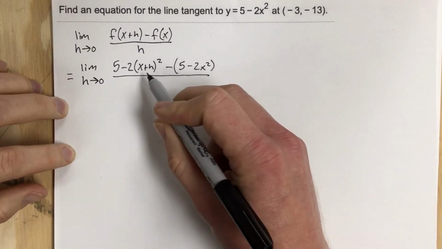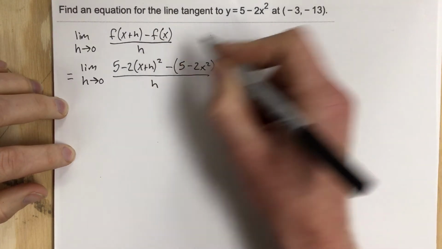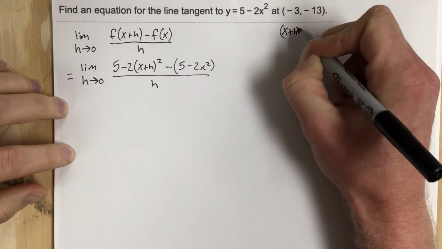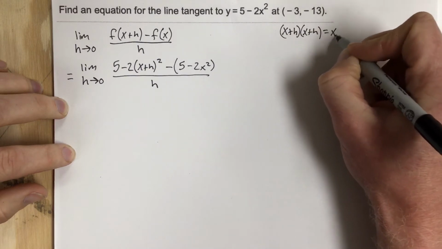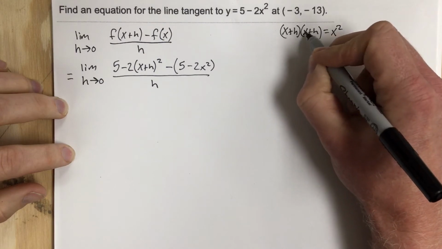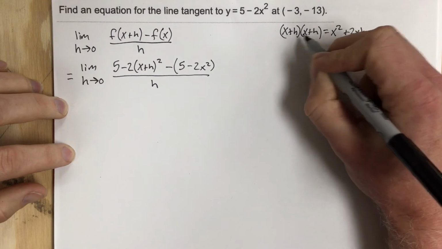Now what I'm going to do is square this binomial. So x plus h times x plus h gives you x squared. This will be xh and xh, so that's plus 2xh, and then plus h squared.